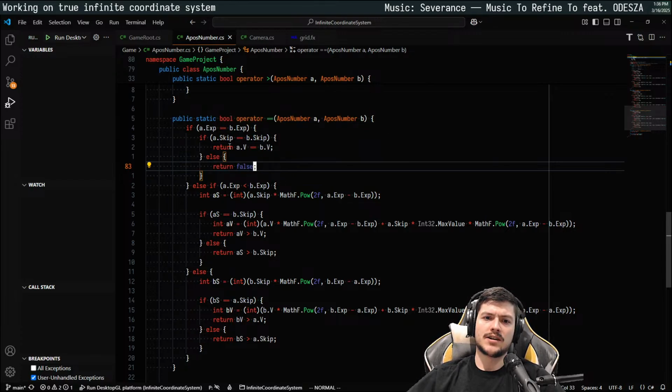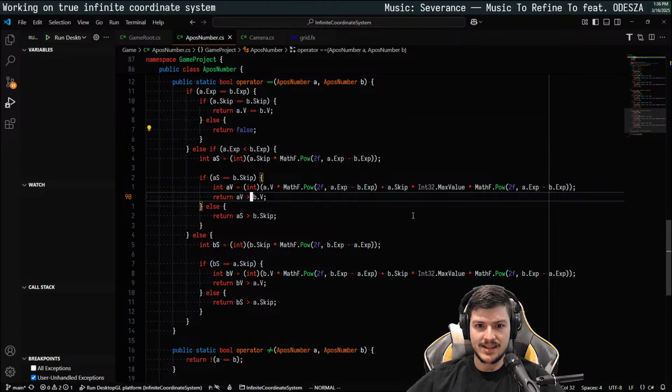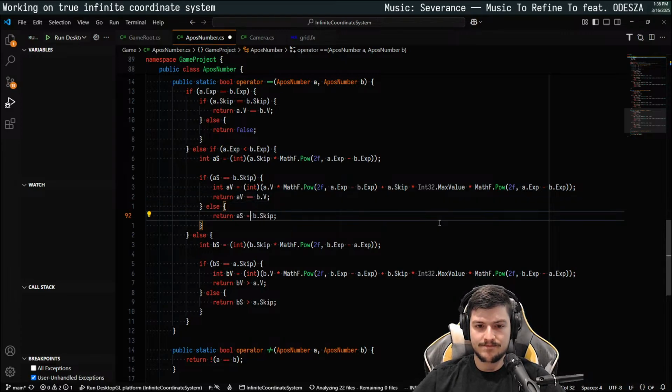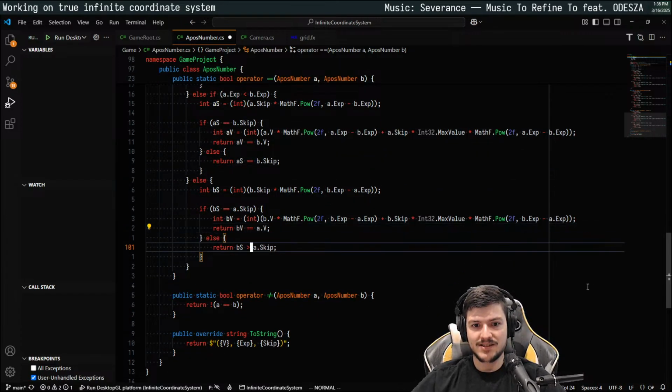I wonder if I even cover all the cases. Yeah, whatever. We'll see if there are bugs later, maybe. I kind of don't want to debug this though. So hopefully it just works.